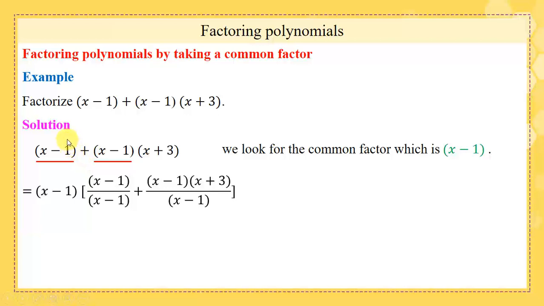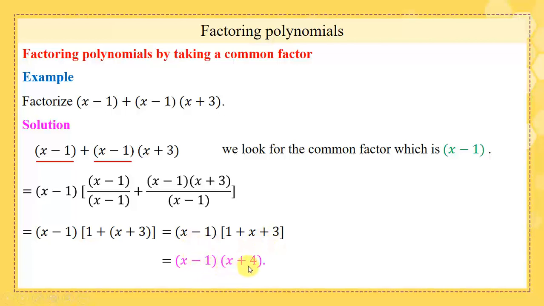We divide each term by the common factor to get (x minus 1) over (x minus 1) plus (x minus 1) times (x plus 3) over (x minus 1). So we get (x minus 1) times (1 plus x plus 3). We remove the parentheses and reduce to get (x minus 1) times (x plus 4).